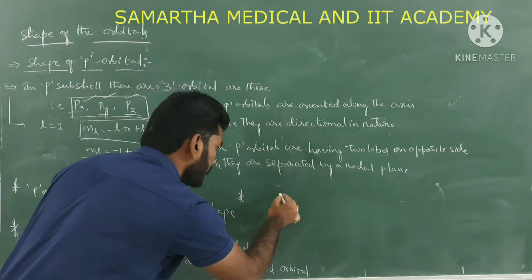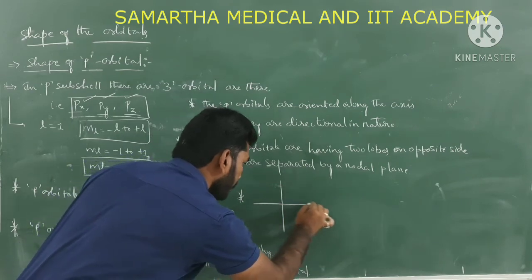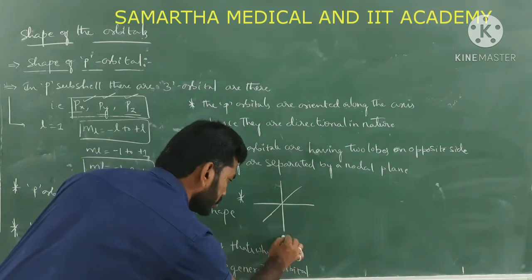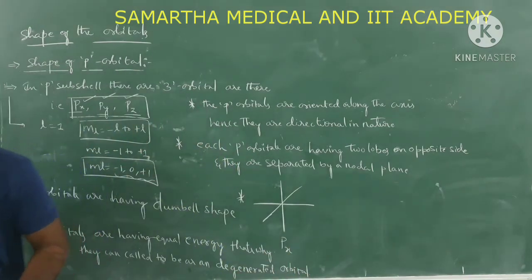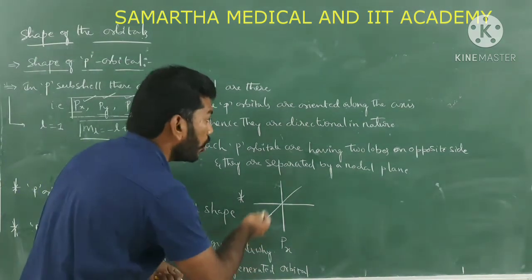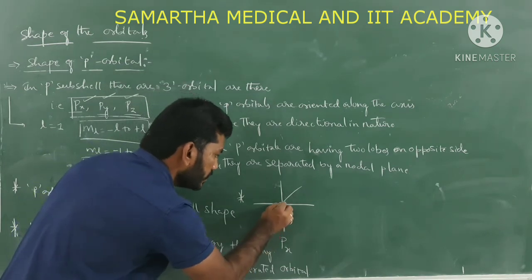I am just having here an orbital right now, which, let us assume, is px. This is the px orbital, with axes x, y, z.